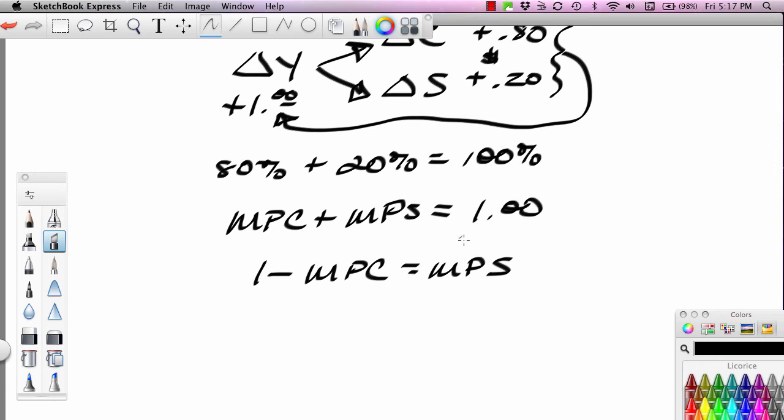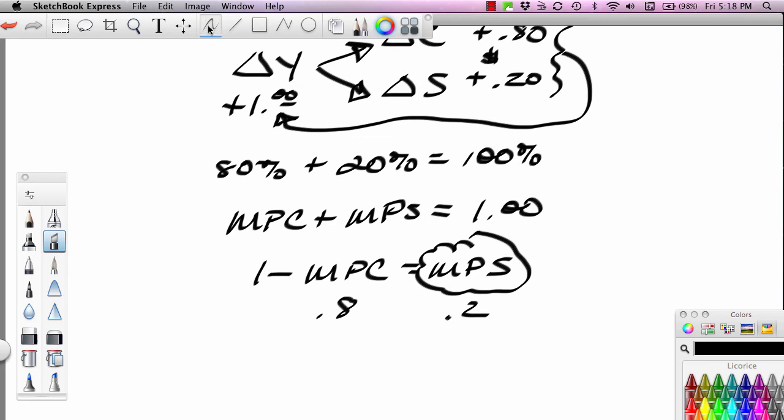So you'll see later on that we need to find MPS. We can find it by remembering this formula. If we have the slope of the consumption function, MPC, we therefore have MPS. So if we know that this is 0.8, we know that this is 0.2. Okay?